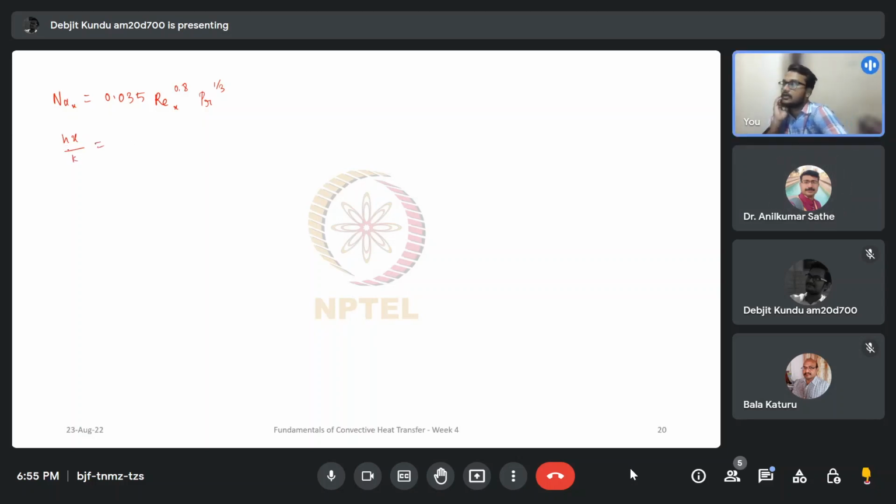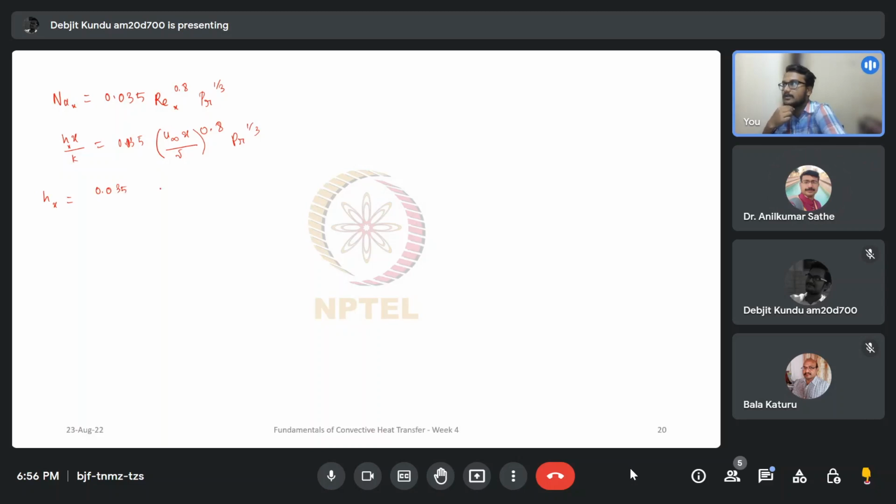Here h is the local h, so let's write h x to be more precise, and this is equal to 0.035. I'll expand out Re x over here. So I'll write u infinity into x divided by nu to the power 0.8, and Prandtl number remains as it is.